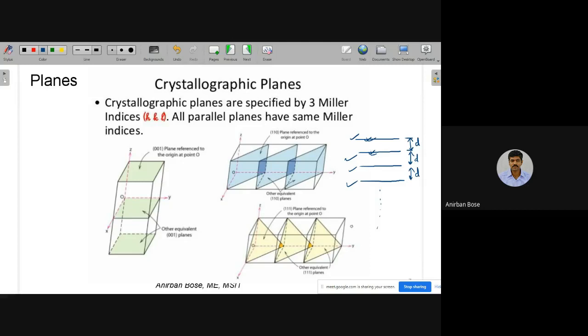Now I am drawing another figure. You try to understand. Let us consider these are the planes. Now I am drawing some intermediate planes exactly midway. So the distance between them is d by 2. Now you see this set of planes.